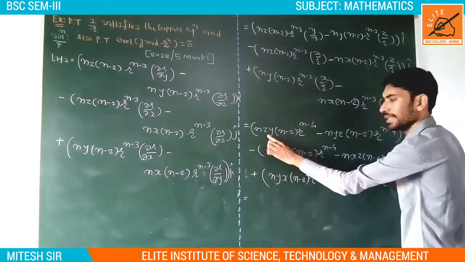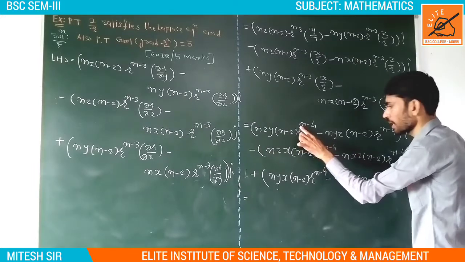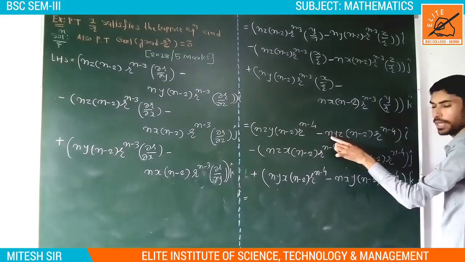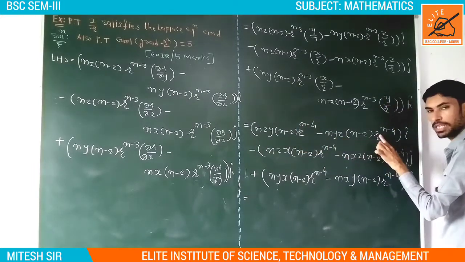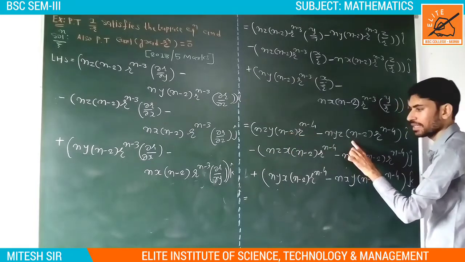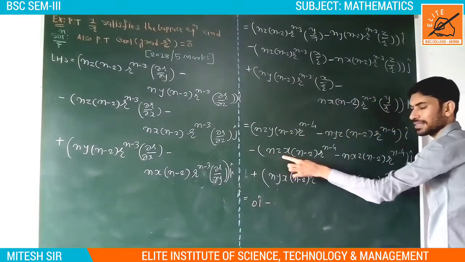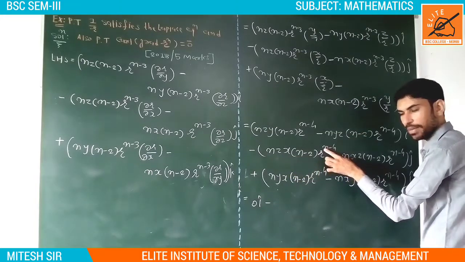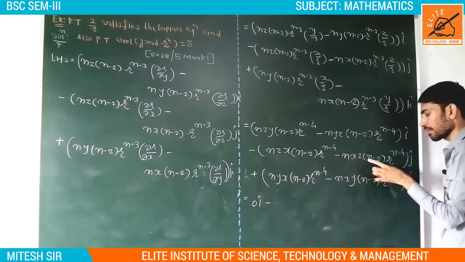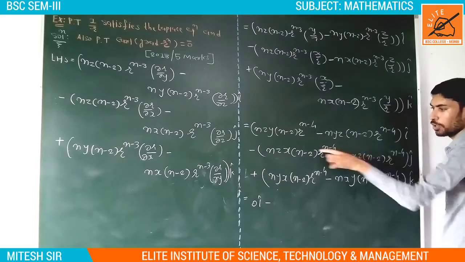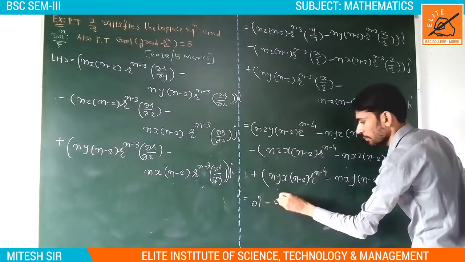Now see, nzy (n-2) r raised to n minus 4 minus nyz (n-2) r raised to n minus 4 means બંને ટર્મ સરખી થઈ જશે, that means 0 i cap. Minus similarly nzx (n-2) r raised to n minus 4 minus nxz (n-2) r raised to n minus 4, both terms are the same, so minus 0 j cap.